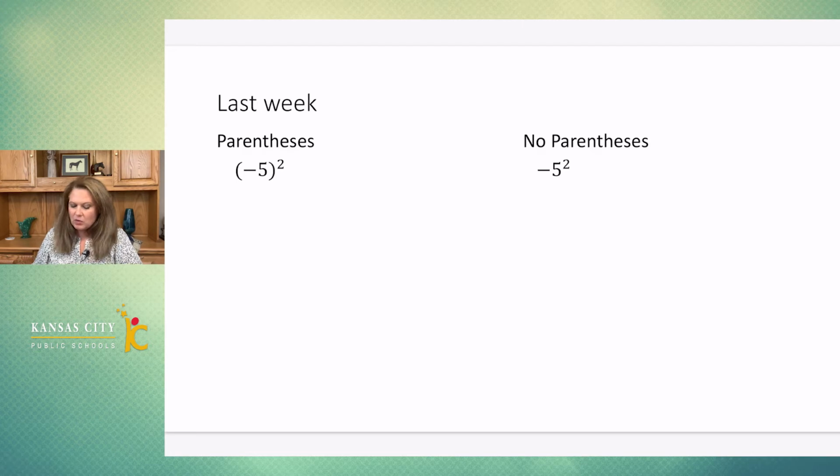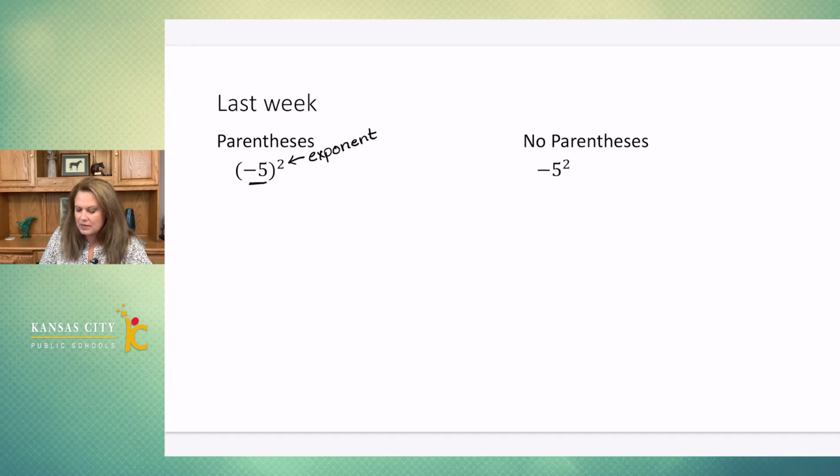So last week we talked about how parentheses affect a power. Now our first example is (-5) to the second power, and you'll notice that -5 is in a set of parentheses. And that's going to tell us that our base, -5, is going to be our factor that we are repeating. Now remember our exponent?